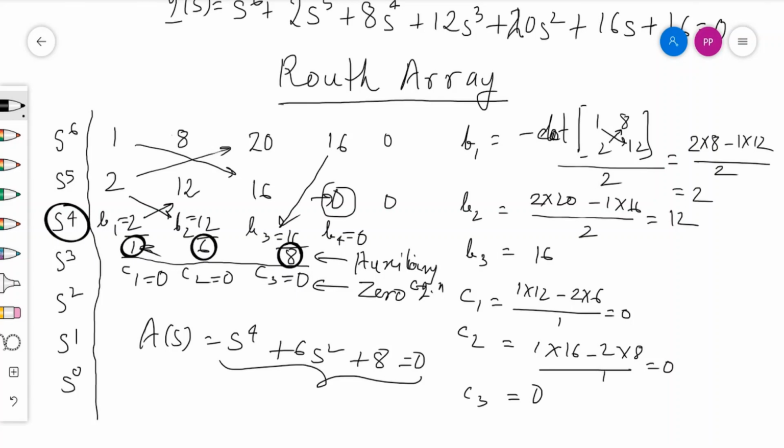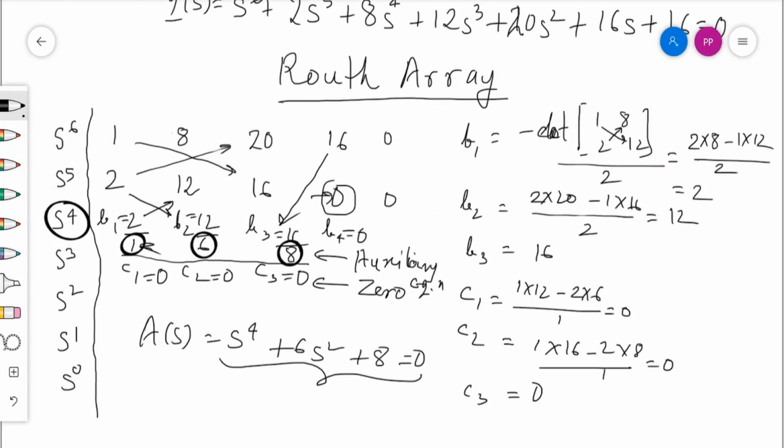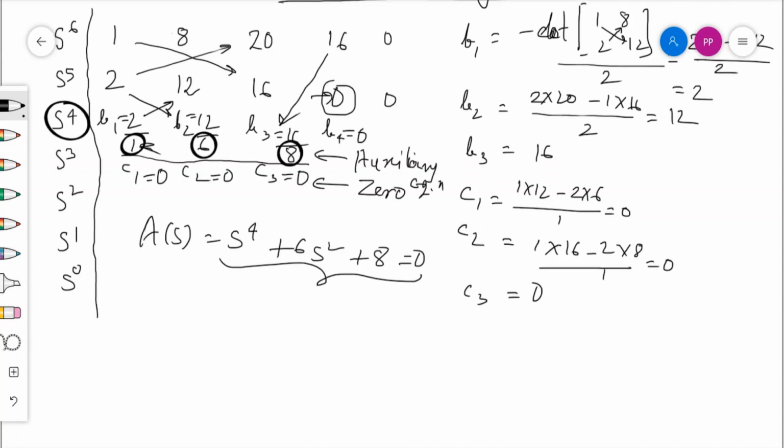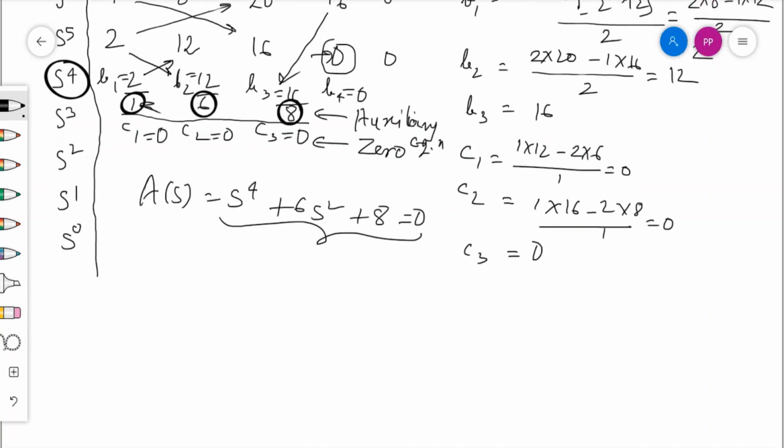Let us find out the coefficients for the row of c1, c2, c3, which is now 0, but with a little modification. How can we do it? We have to differentiate the auxiliary equation with respect to s.